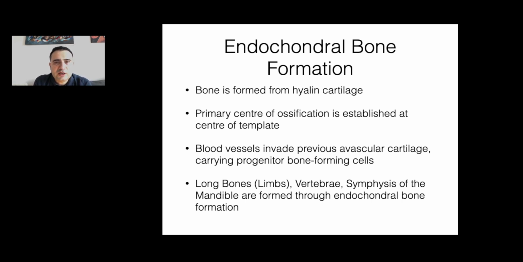So we have a hyaline cartilage tissue, and there is the primary center of ossification. We can consider this hyaline cartilage as a template, and at the primary center the ossification starts. The blood vessels invade this avascular cartilage area and carry progenitor bone forming cells, and then eventually the bone is formed.